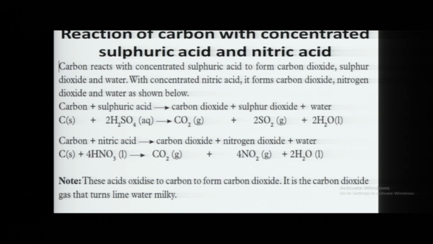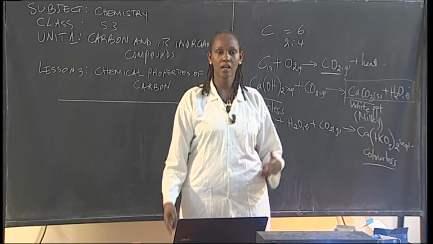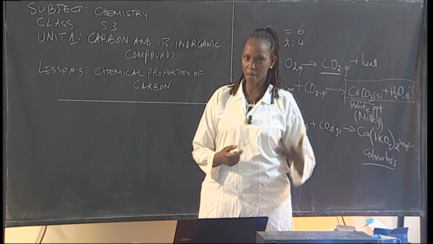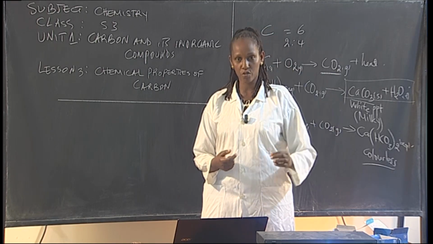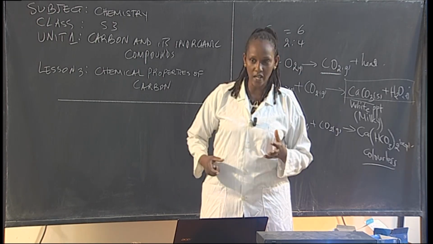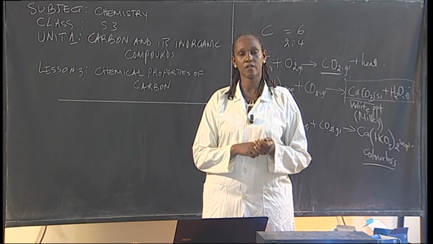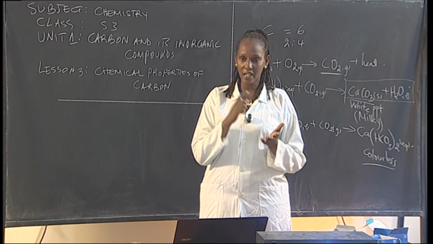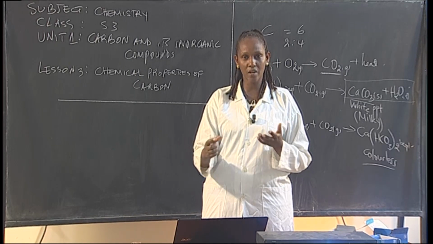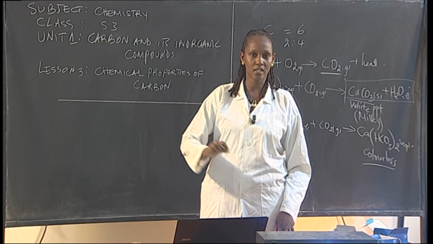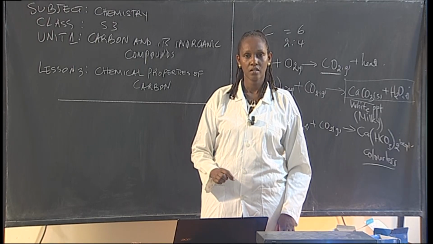It is carbon dioxide gas that turns lime water milky. That one I always tell you. How do you confirm that carbon dioxide is produced? It is confirmed when you react carbon dioxide with calcium hydroxide. So whenever calcium hydroxide reacts with carbon dioxide, we form calcium carbonate, which is a white precipitate.